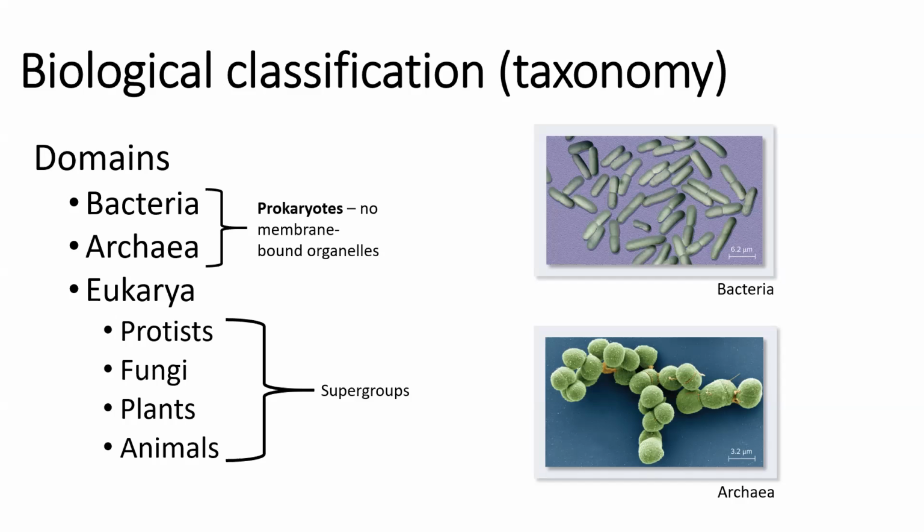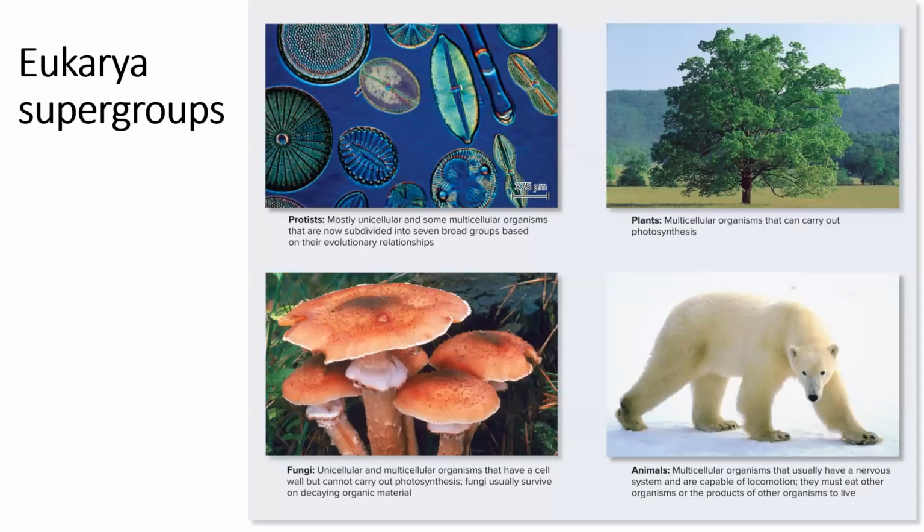You can see the groups that fall under there, or what we call the supergroups: the protists, the fungi, the plants, and finally our species, the animal kingdom. You can see the different examples of the eukaryote supergroups right here: the protists, the plants, fungi, and the animals.